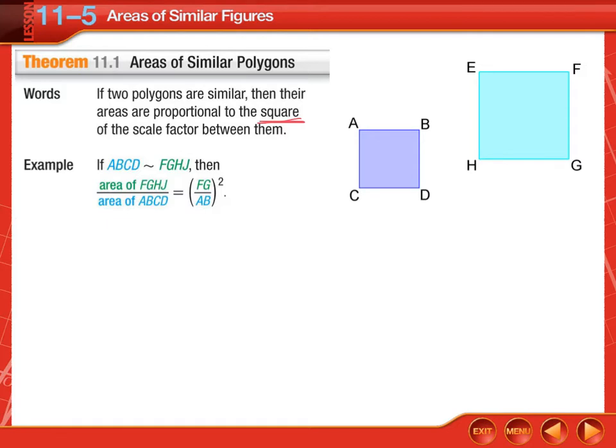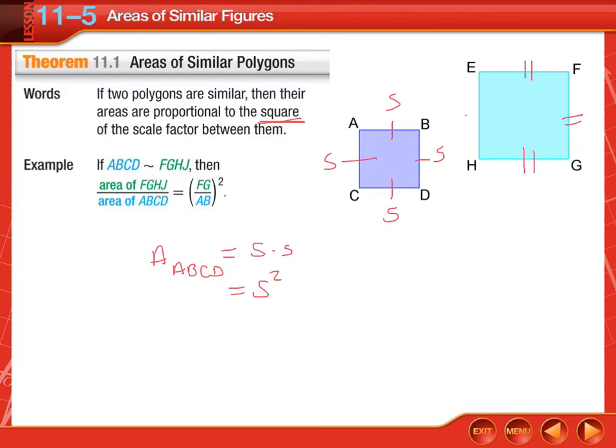So I have a square ABCD. I'm going to mark all the sides congruent. So each side, say, will be S in length, and then the area of ABCD is going to equal side times side, or side squared. Now let's look at a proportional or similar square, EFGH, over here.